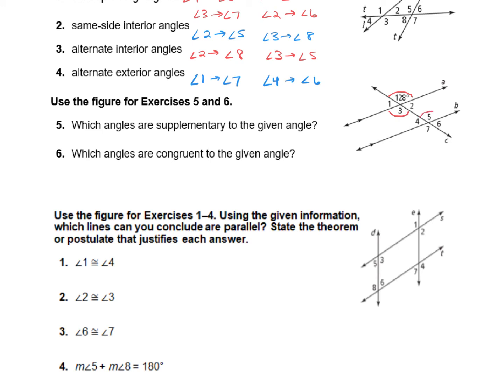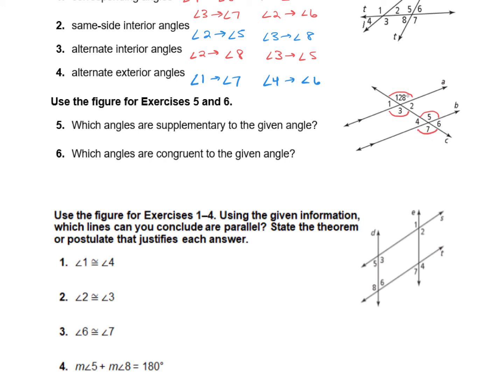Angle 5 is corresponding to 128, so those will be congruent angles. And angle 7 is an alternate exterior angle with the 128, so those are congruent. We also could say, if we know 5 is 128, 5 and 7 are vertical, therefore 7 must be 128.